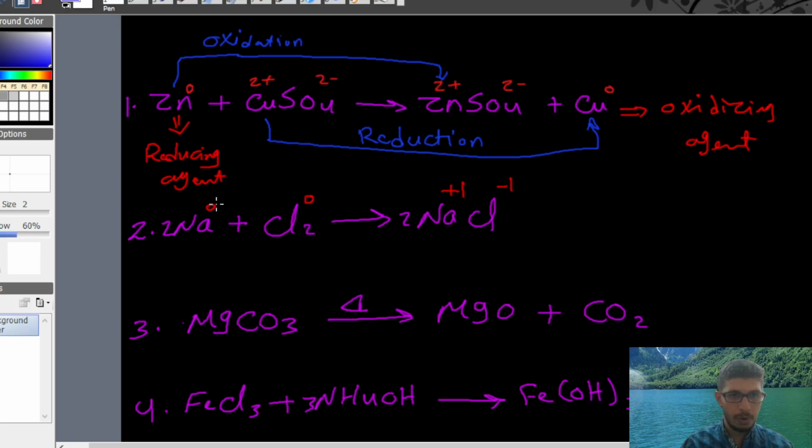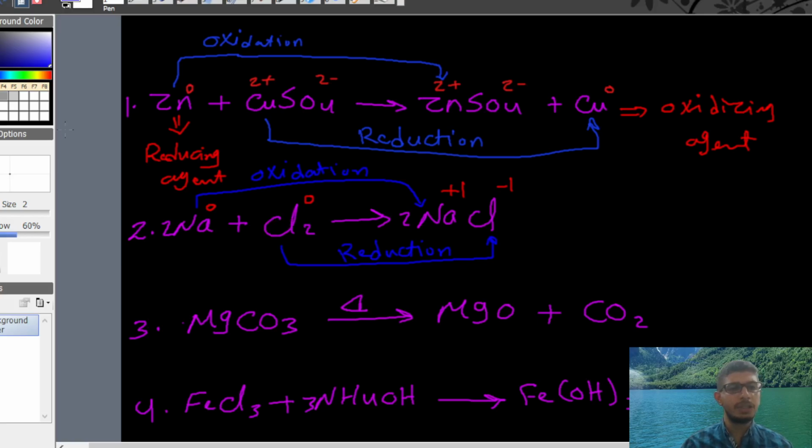From sodium 0 to sodium positive 1, that means oxidation occurs. And from chlorine 0 to chloride ion, chlorine -1, that means a reduction process happened. So here is reduction, and this is oxidation, right?